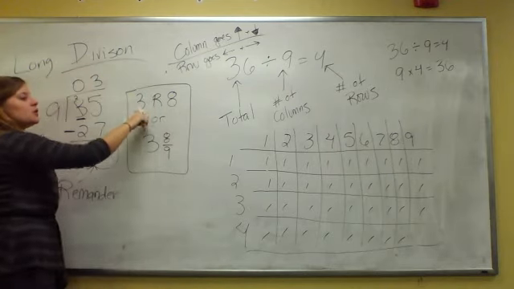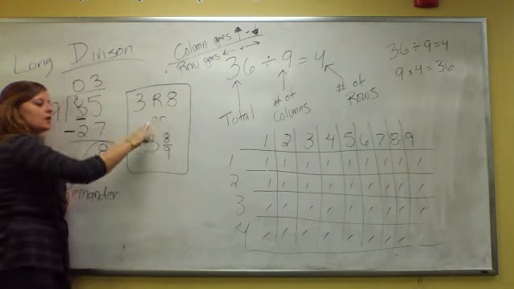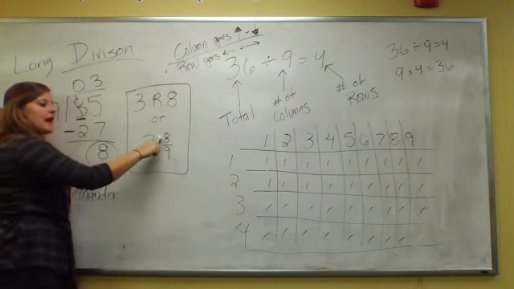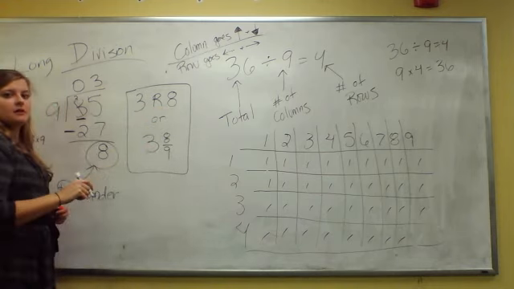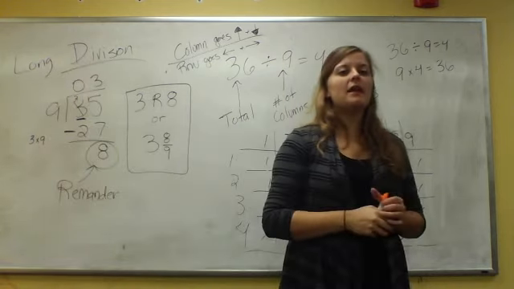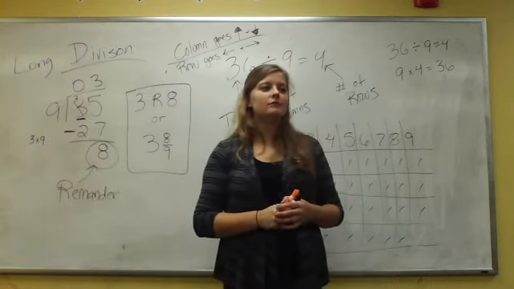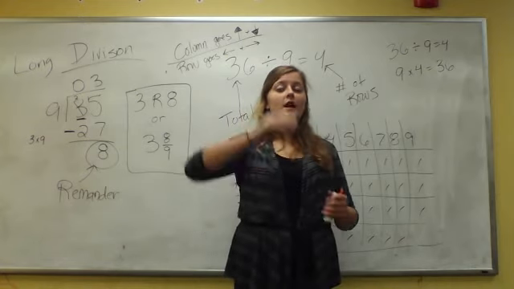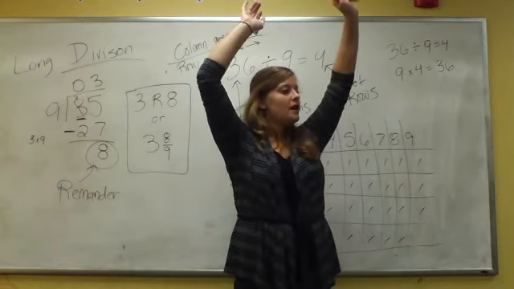I write this as 3 remainder 8 or 3 and 8/9. Who thinks I'm going to say write it as a remainder or write it as a fraction? Write it as both.